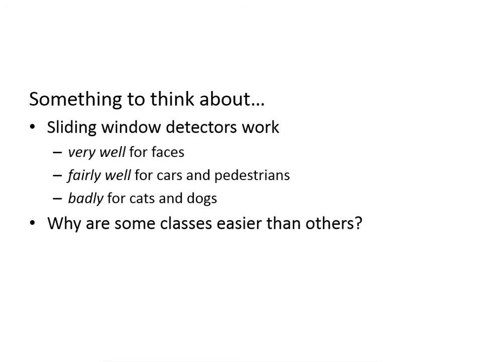This kind of algorithm is all in the category of sliding window detectors. They work well because it's basically template matching, right? So if the object doesn't deform too much, it works quite well. If you're a pedestrian, typically they are walking, so the shape is quite reasonable.